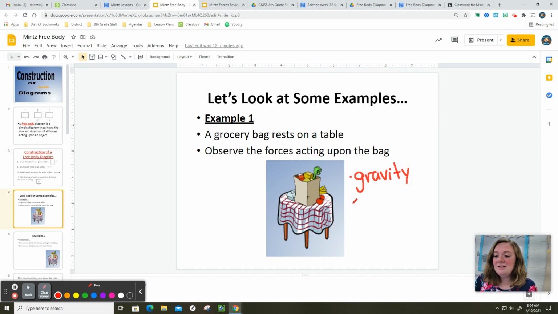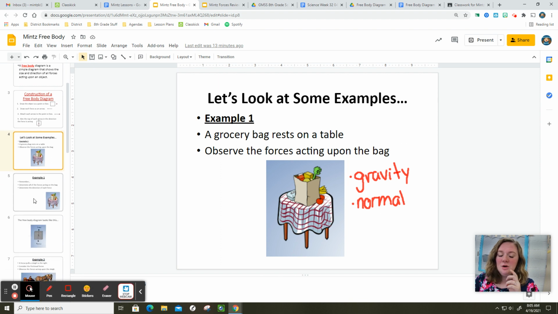So we also have a normal force, which is basically the table pushing back up on the bag, so that way it just stays still.